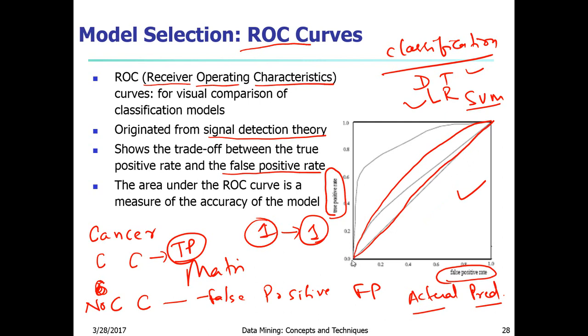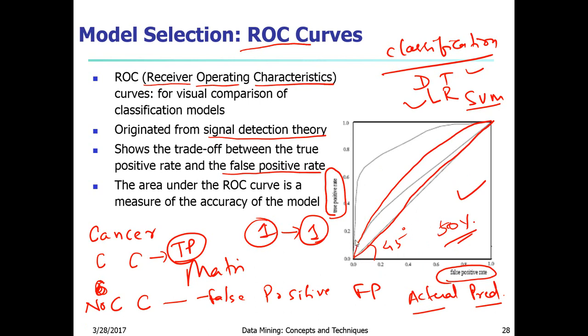This is the 45-degree, or a straight line. So it cannot be below that. That's the minimum prediction that you expect from your model, right? Otherwise, the model is of no use if it is not able to give at least 50% good prediction, because if you toss a coin you would actually get 50%. So the model has to do better than that.